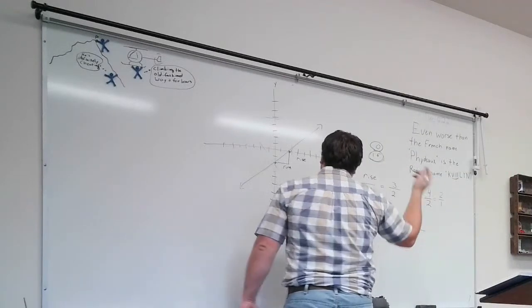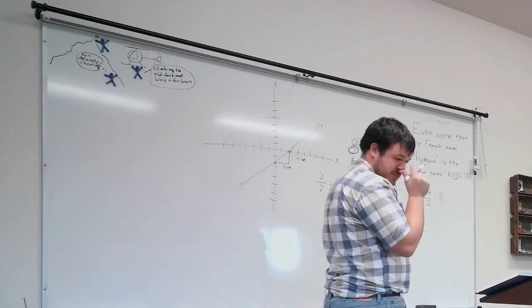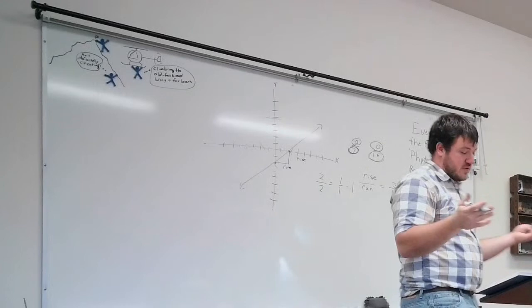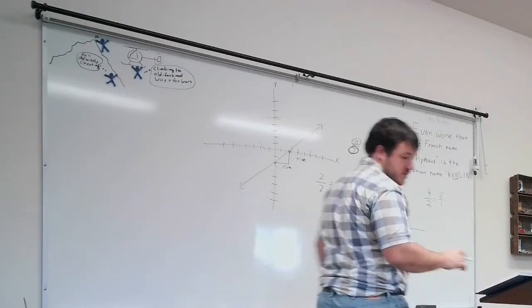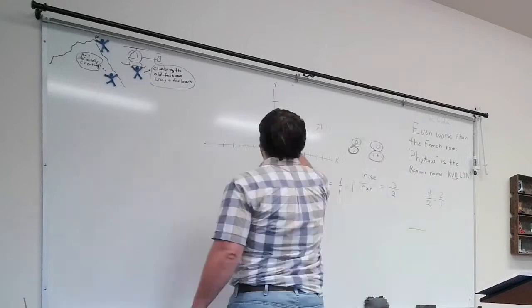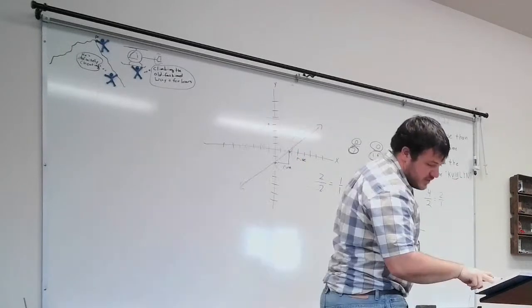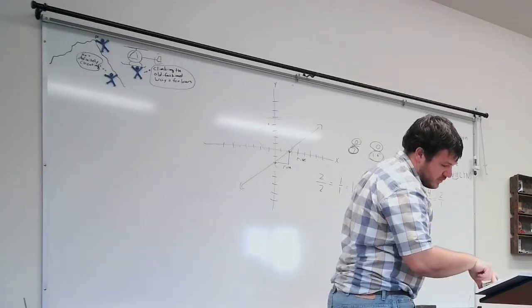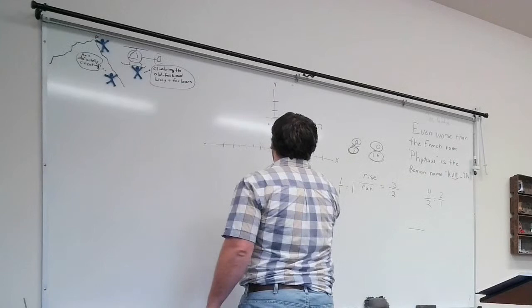So the next one is the negative slope. Okay, well, let's just go like this. We have a negative 1, 5 and a 2, negative 2, right down here.